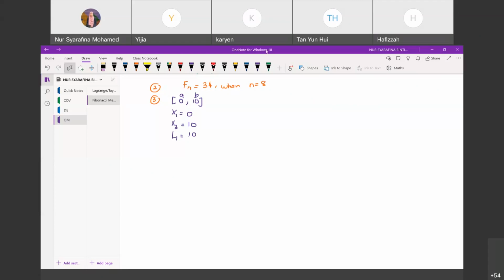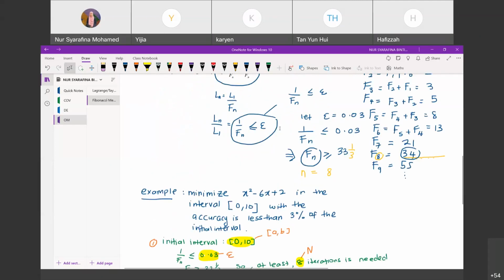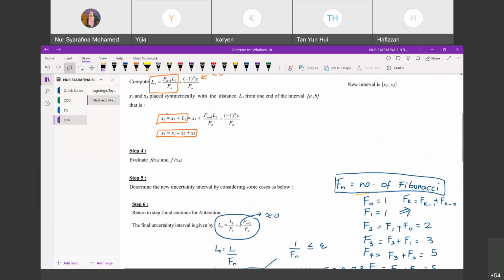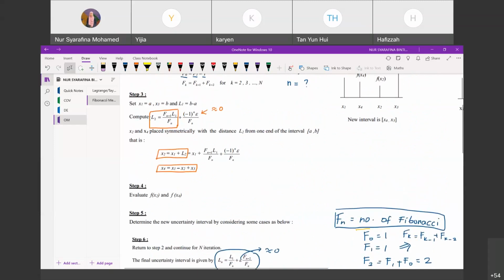So initially, this is your line, from 0 to 10, L1 equals 10. Right? So now, we want to have what? We want to have x2, L2, and x4.